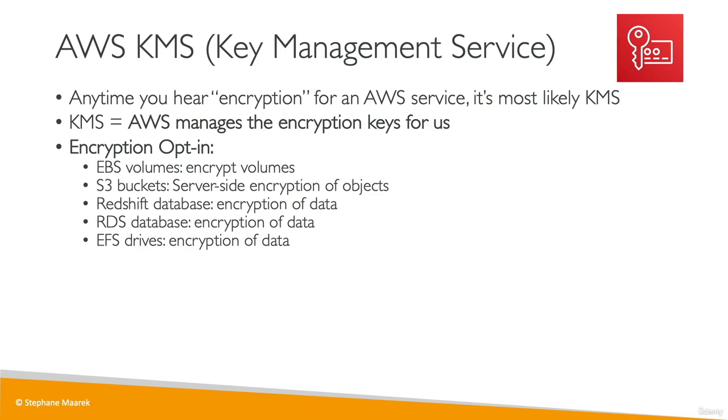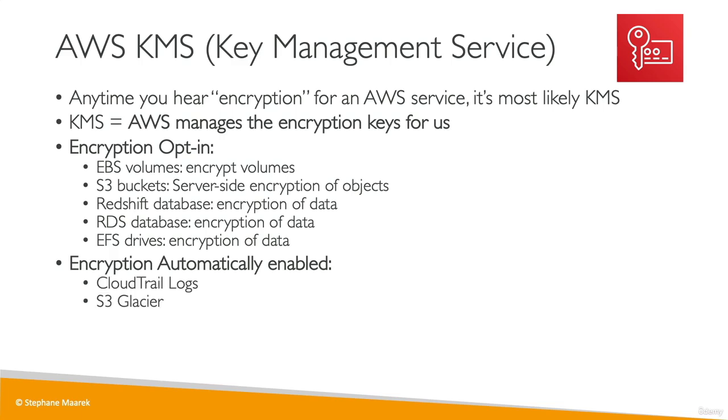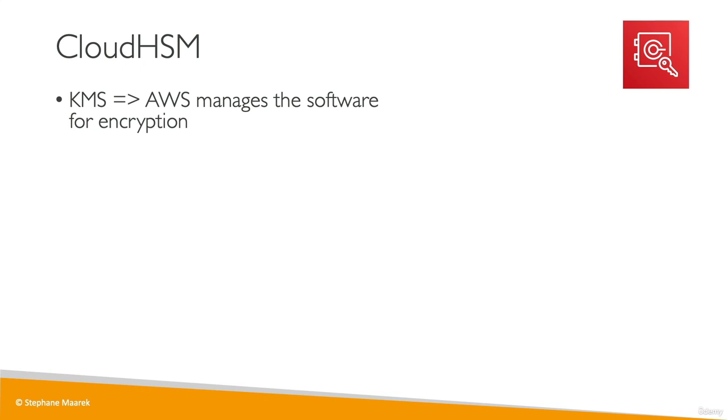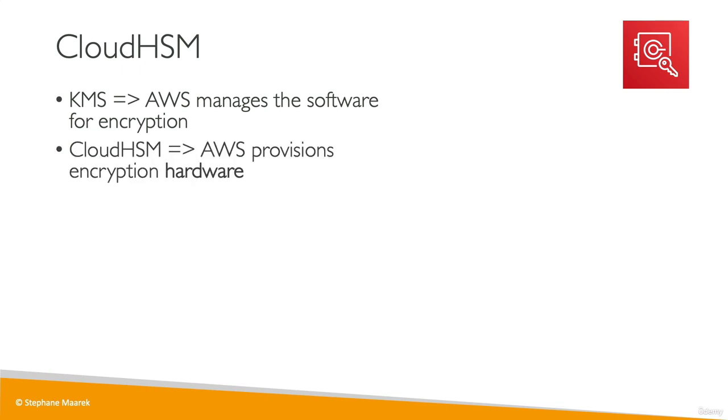And there are also some services that have encryption happen automatically no matter what, for example CloudTrail logs, S3 Glacier, and Storage Gateway. The second service used to perform encryption is called CloudHSM. With KMS, it is AWS who manages the software for encryption. But with CloudHSM, AWS will just provision the encryption hardware to us, but we are managing the keys ourselves.